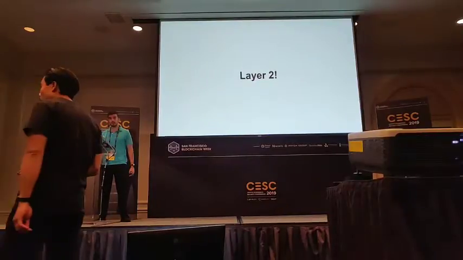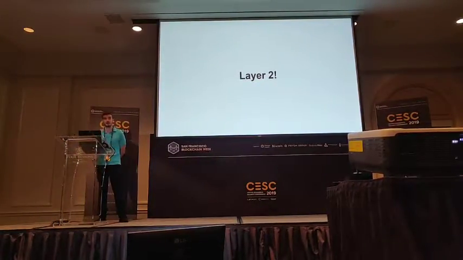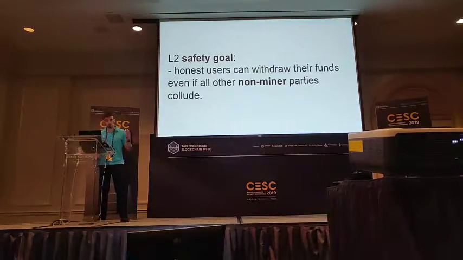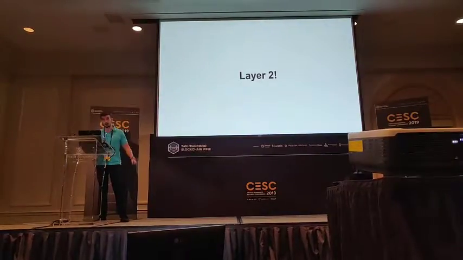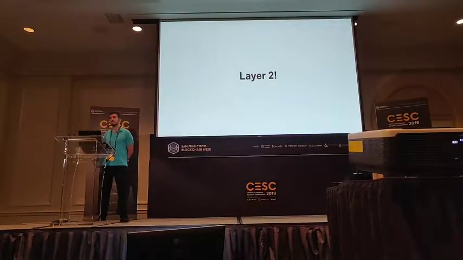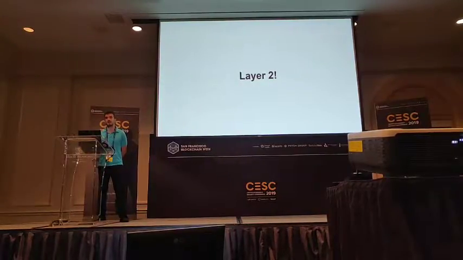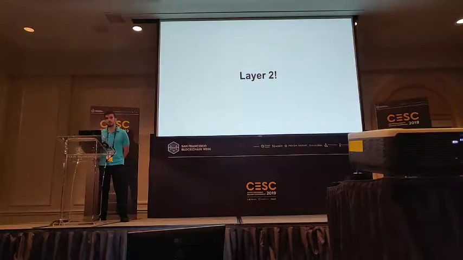So enter layer 2, the thing that we've been listening to for years. Layer 2 here, layer 2 there, where is layer 2, where is the scalability? So there's a safety goal, and when I say layer 2, I always assume that layer 1 is a proof of work chain that can give us some reliable guarantees about censorship resistance and the stickiness of the transaction, a transaction not getting reordered after it has been included.